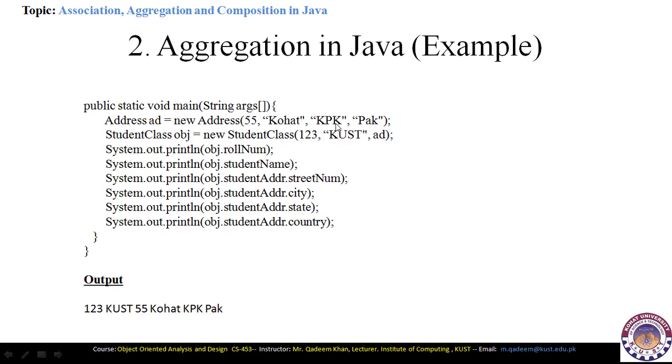So 55, Kuwait, KP and Pakistan will be accessed through this parameter, which is in fact the object ed of the Address class. So this will print the information of the first two, then it will communicate to this class, and then it will access and print these parameters.